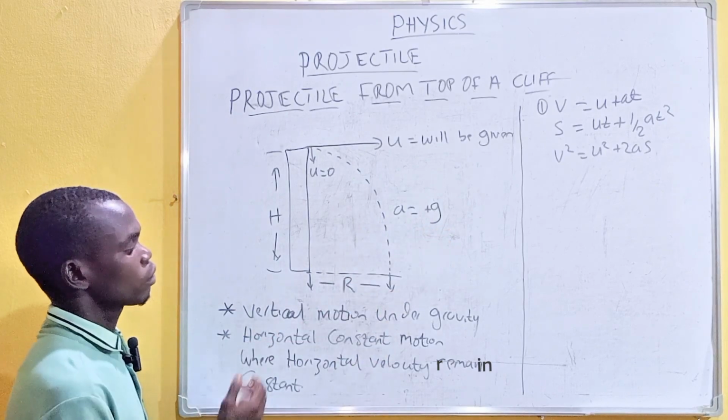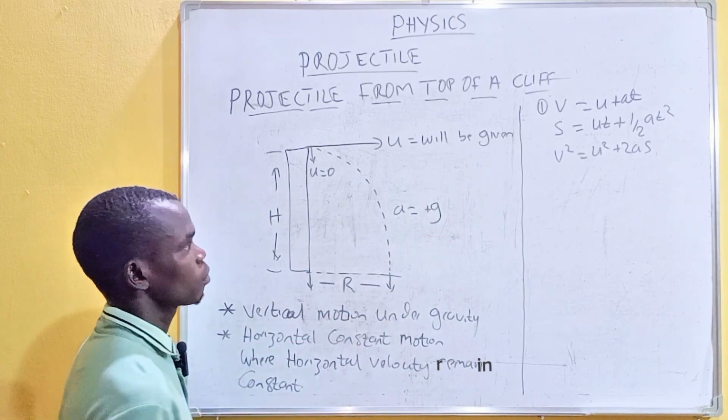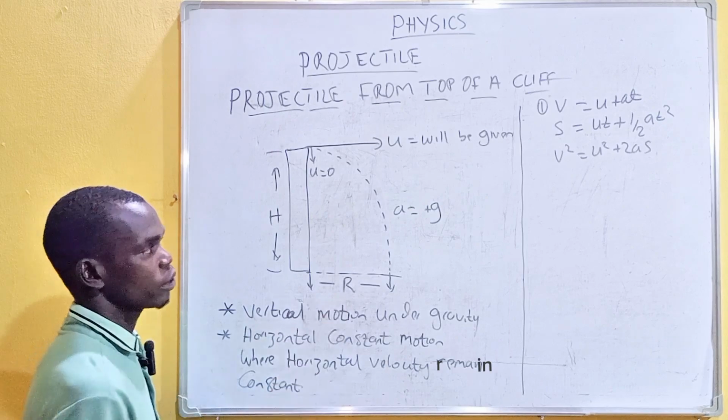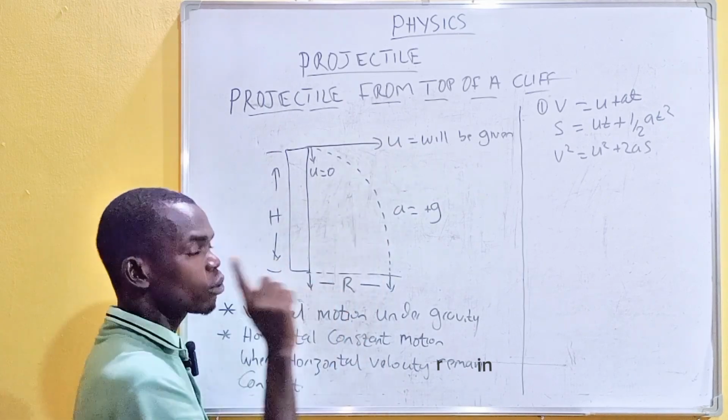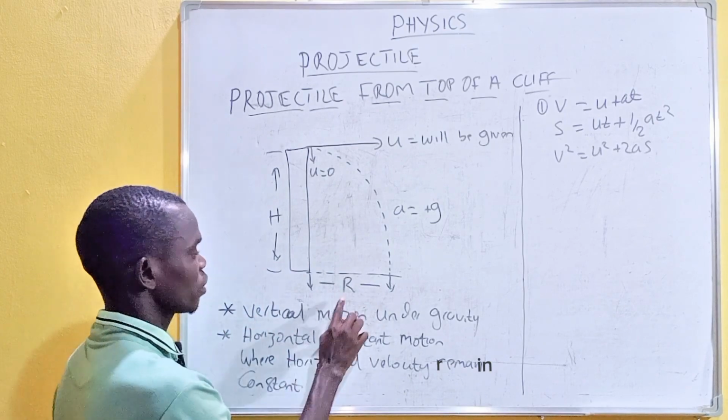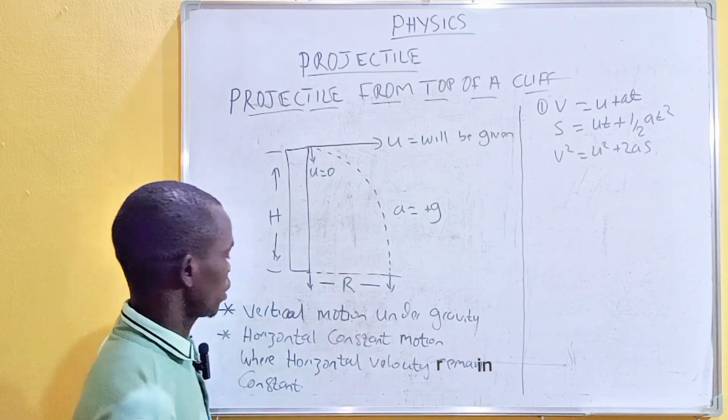So when considering the horizontal constant motion, we talk about range. We make use of horizontal velocity only when considering the range.